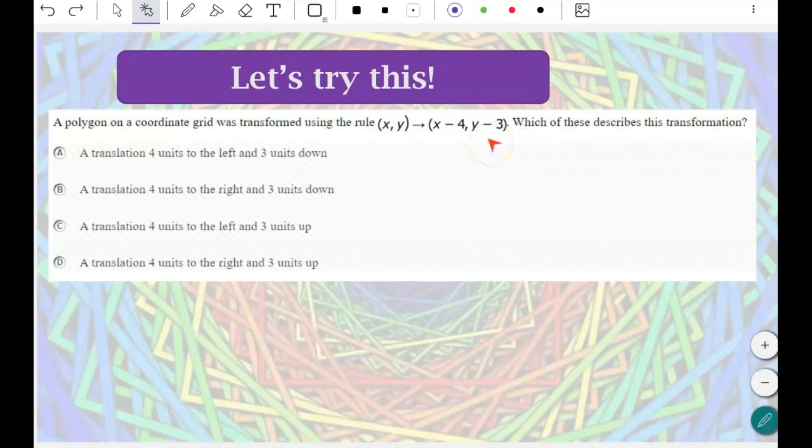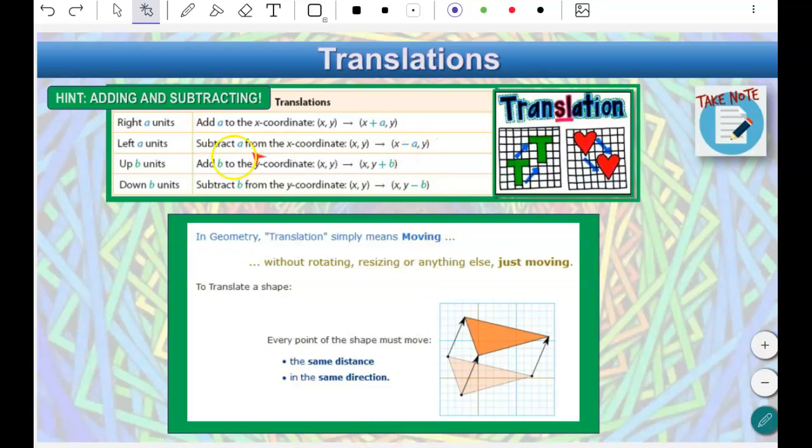It says a polygon on a coordinate grid was transformed using this rule. This was the coordinates. And look, it's minus 4 units, minus 3. Okay, so remember, if it's minus on the x, it's moved to the left.